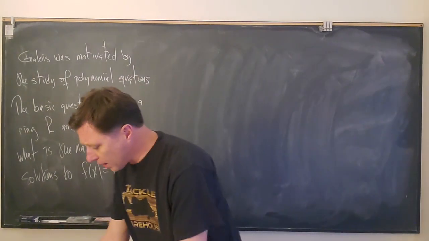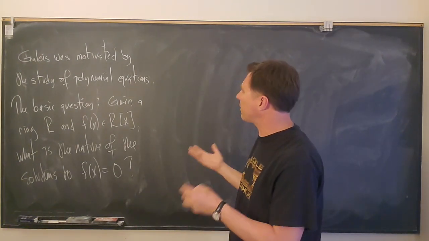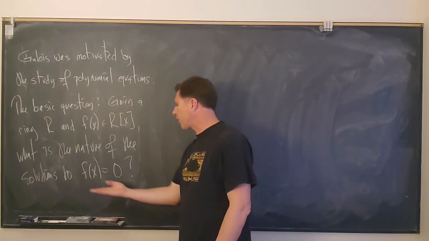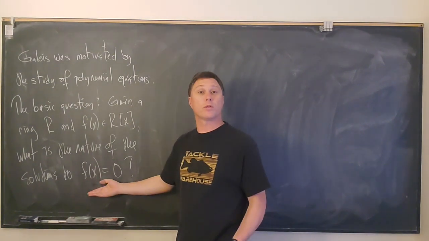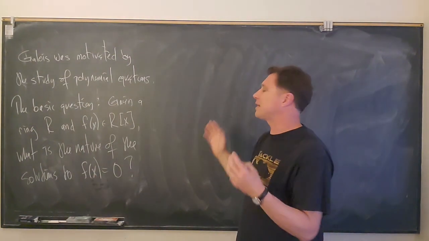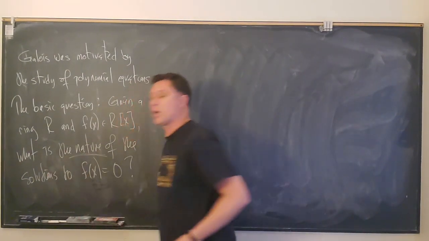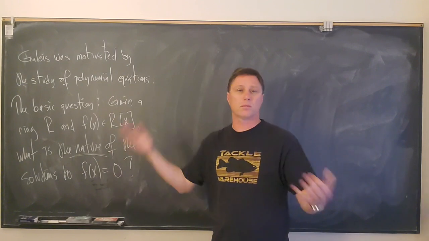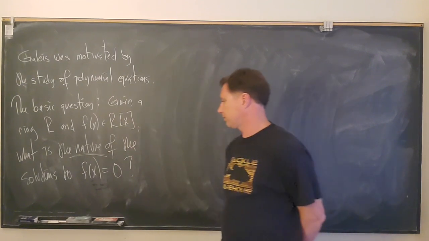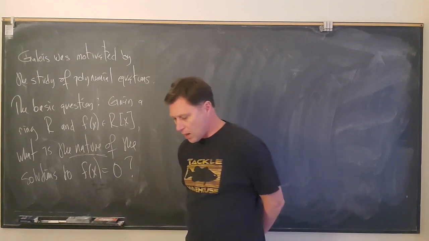Now, that's intentionally vague, but in some sense, we're trying to figure out what can we say about the roots or the zeros of the polynomial f of x, right? So when I say what is the nature, this is a bit vague, but that's what we ought to look at. And we'll have to make this precise as we go along.